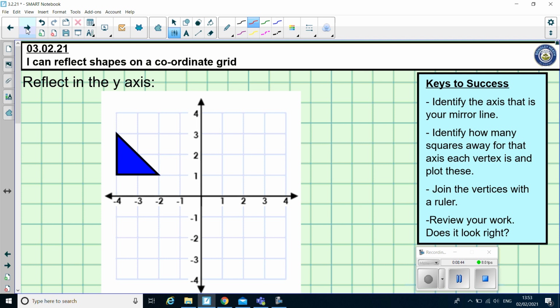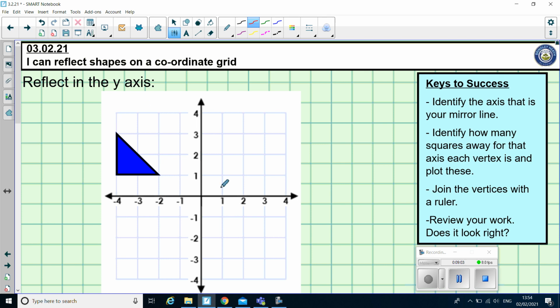You could have a go at drawing these shapes and reflecting them and then watching my video to see the answers. Okay, and you could do it a question at a time along with me. If you really don't have anything that you can do that on, then I would suggest you just pause the video after each question and have a think about where the shape would be reflected.